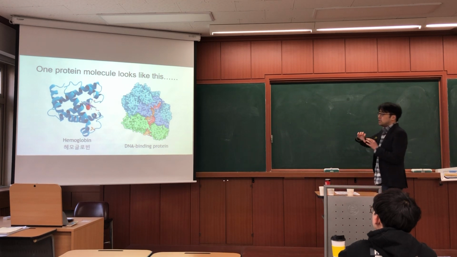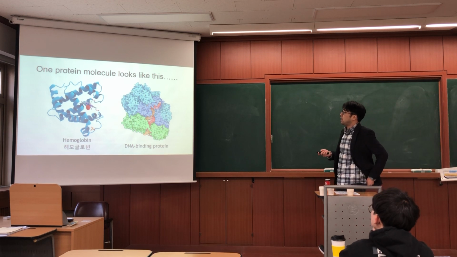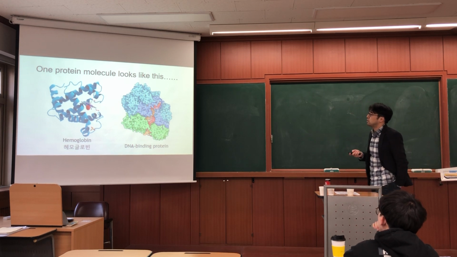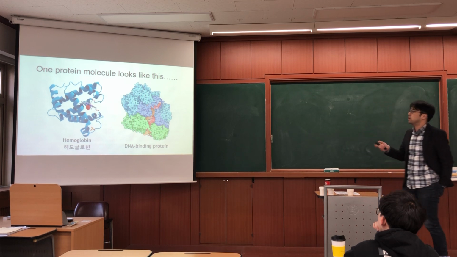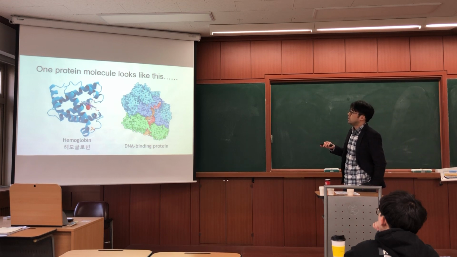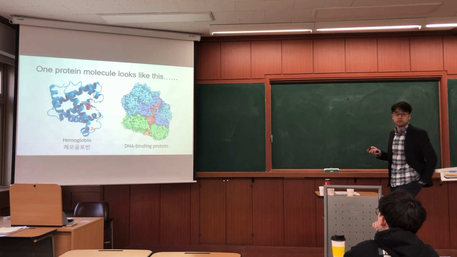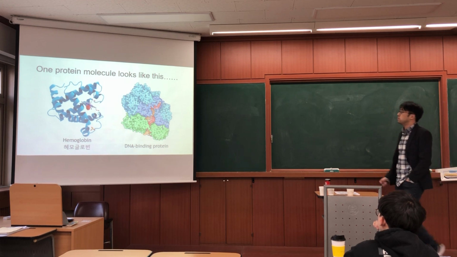They are polymers consisting of amino acids, and what do they look like? If you look at a single protein molecule, they look like this. This is the 3D structure of hemoglobin, and this is the 3D structure of a DNA binding protein, and this pink one is a DNA molecule.